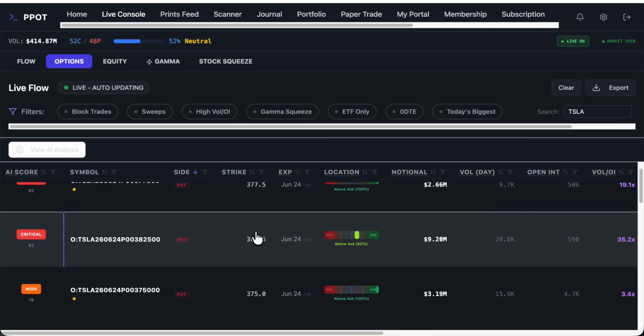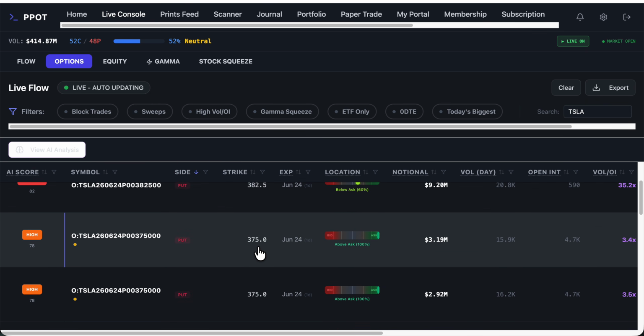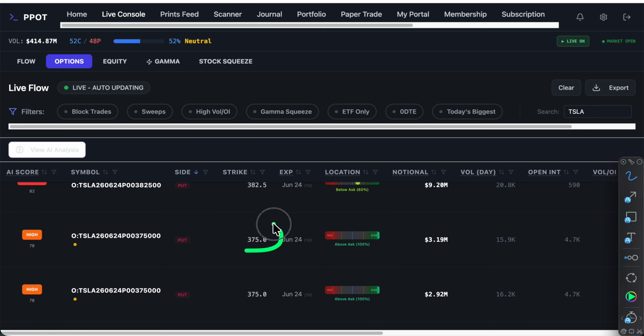And then you see the 375 right here. It's for June 24th, which is tomorrow, one day, 3.19 million notional value, which is big, smart institutional money. And you can see the AI score here of 78. It's high. It's telling me to get in. So that's the trade I sent out to the members.